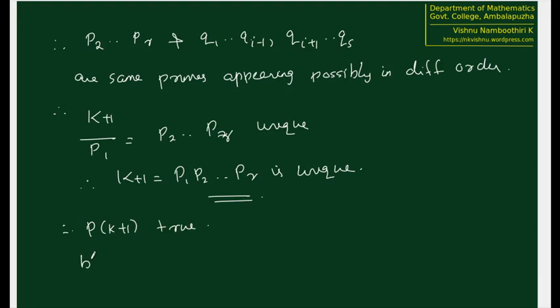So by strong induction, P(n) is true for any n greater than or equal to 2. That means any integer greater than or equal to 2 is either a prime or a product of primes, and the primes appearing are unique up to reordering. That's what the fundamental theorem of arithmetic says.